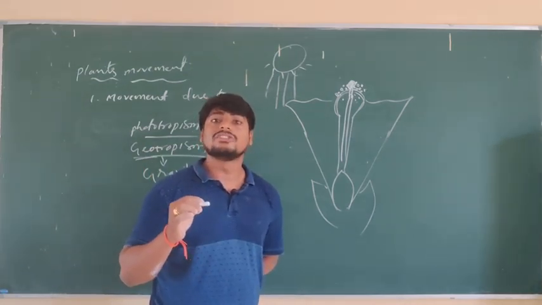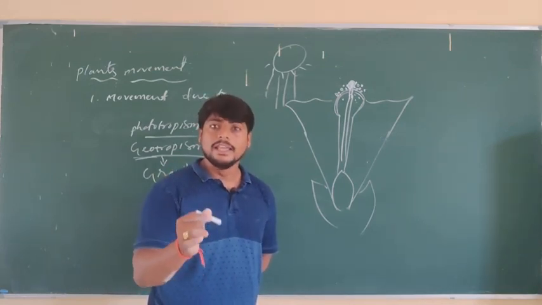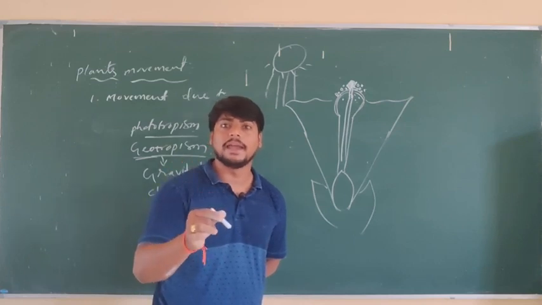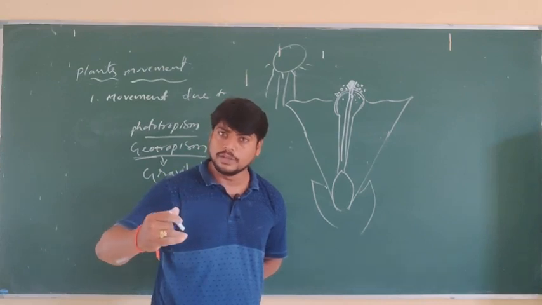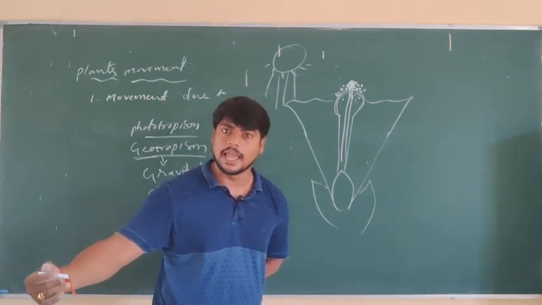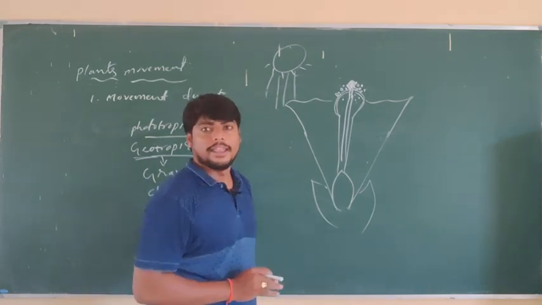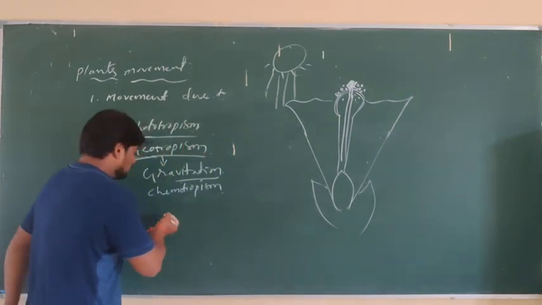An example is the growth of the pollen tube on the stigma, induced by the secretion of chemicals by the stigma, which carries the male gametes and releases them into the ovary. That is chemotropism.